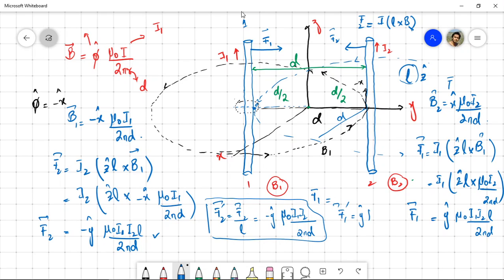That is going to be y hat mu naught I1 I2 divided by 2 pi d. So this is how we are going to find the amount of force that is acting on one conductor due to the passage of current from another conductor.